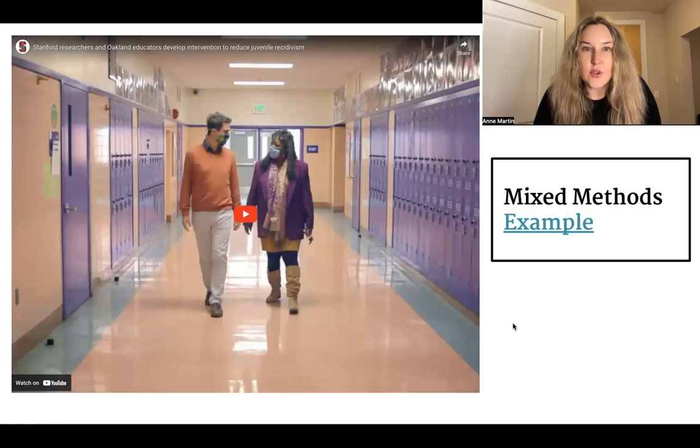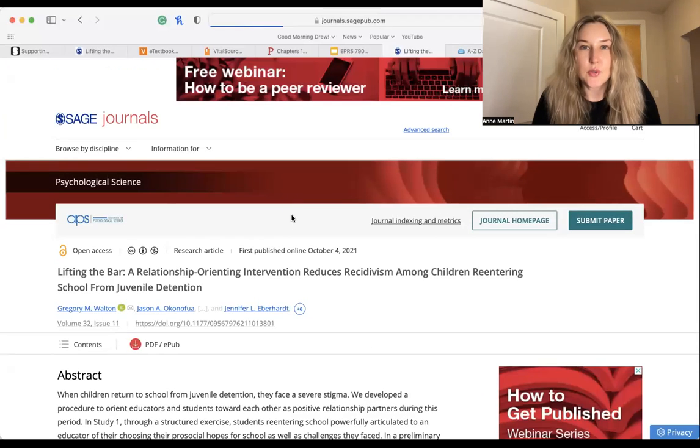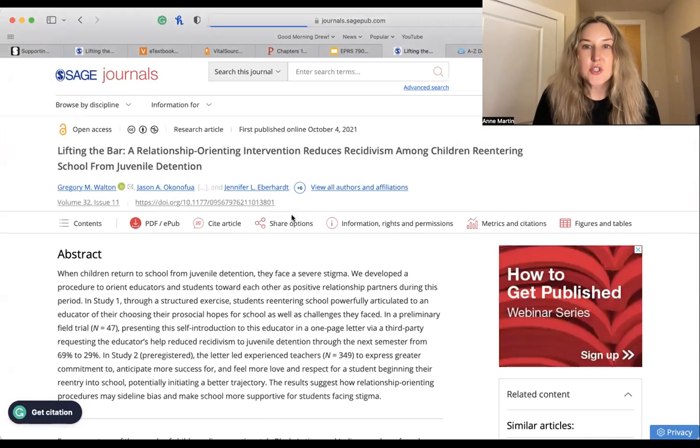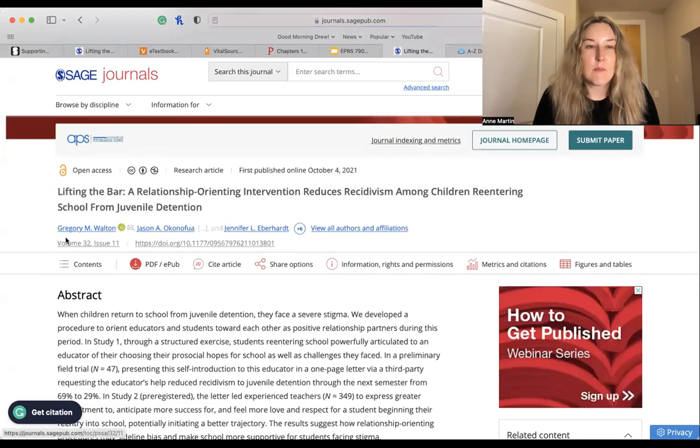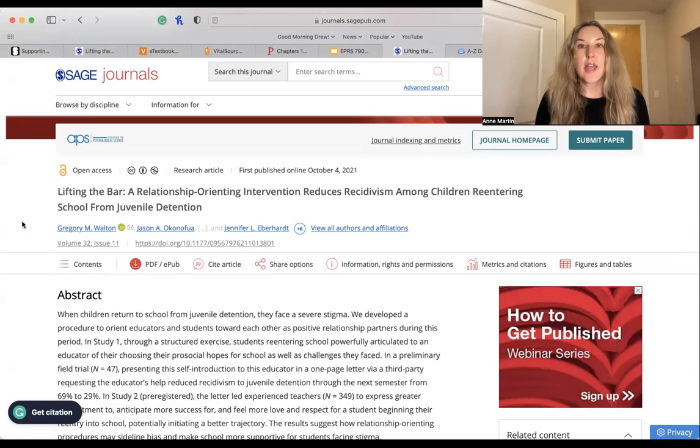So I wanted to give you an example of a mixed method study. So let me take you to the study here. So this study was about trying to increase the retention rate of students who had been in the juvenile detention system and who were returning to school.